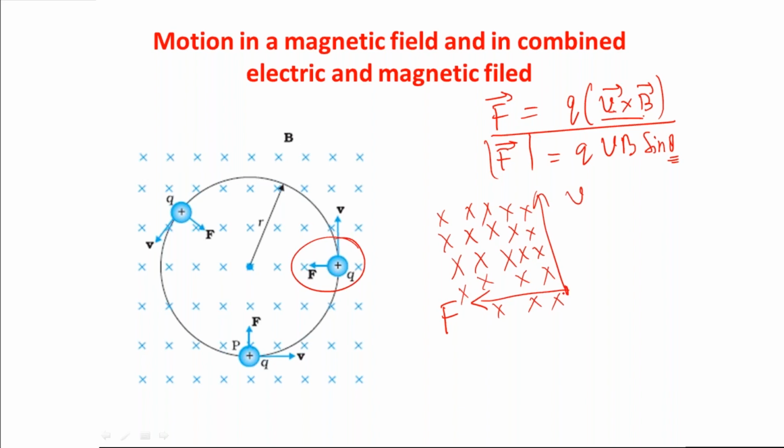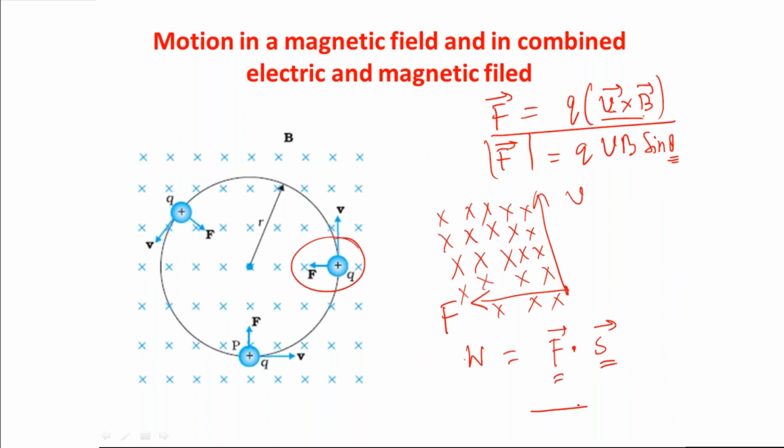Okay, now see, we have learned in the 11th standard, work done is actually a dot product, F dot S, where S is the displacement and F is the force on the object.